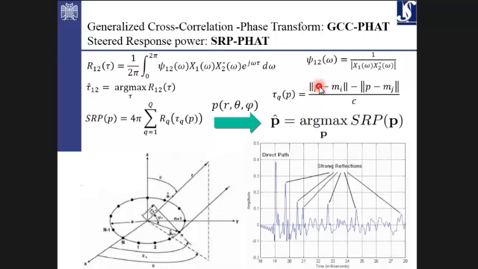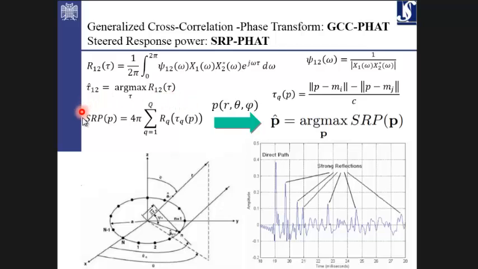Okay? So that's how GCC-PHAT, by having this weighting function, locates the source in that environment. So that was the method of GCC-PHAT.